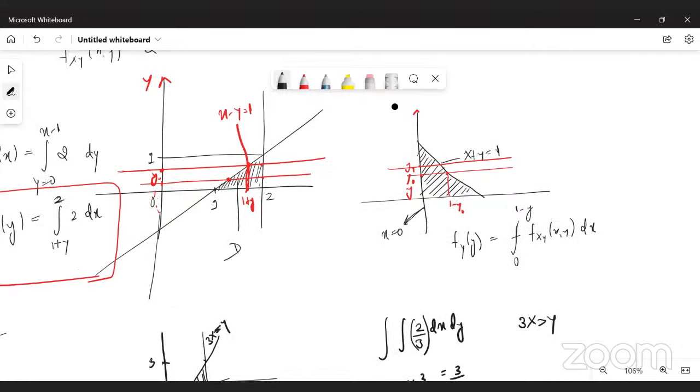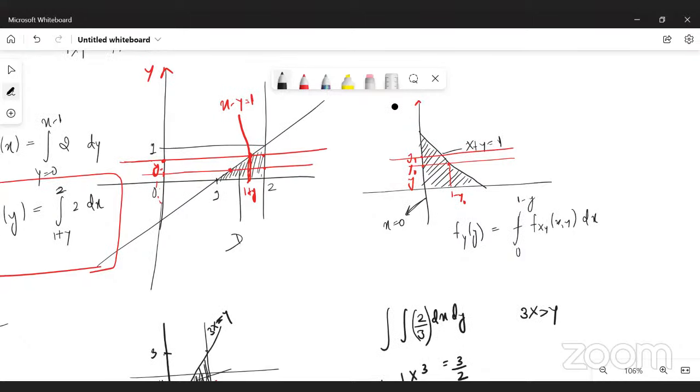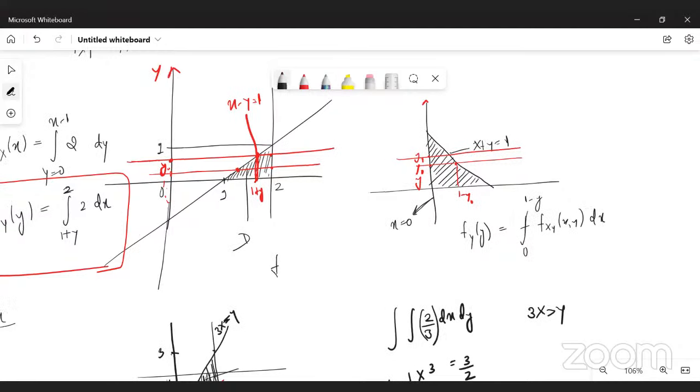So here, when we're talking about the value of y, it is starting at 0 and then going till y. Let's say I draw a vertical line. So now you're talking about the marginal density of x. Yes, fx of x.